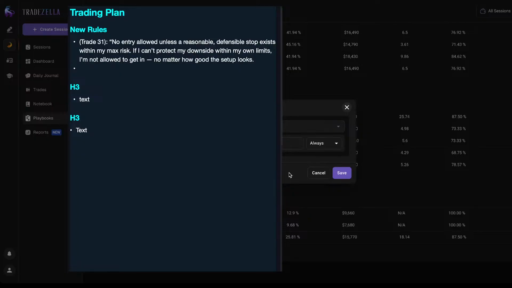I need it to be self-explanatory, what the rule implies in the name itself, like acceptable stop loss. Yeah, a rule name that speaks for itself. That's right.